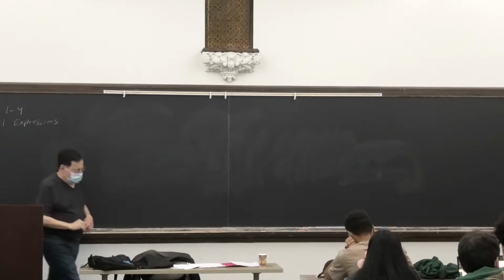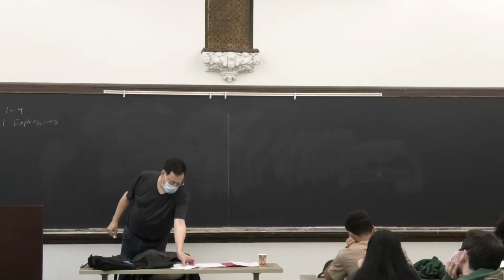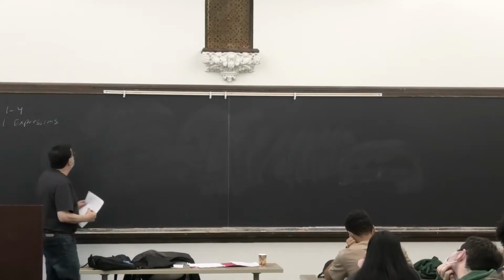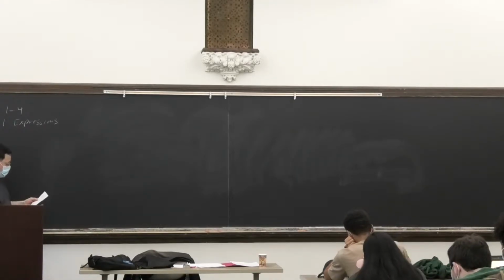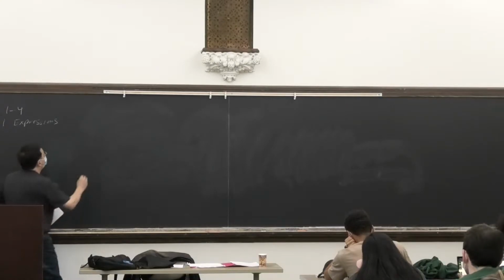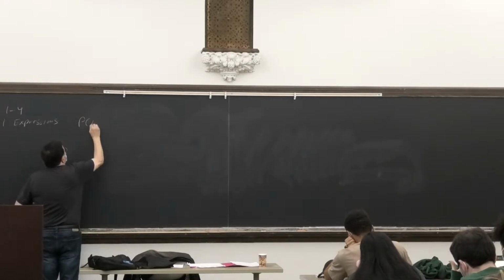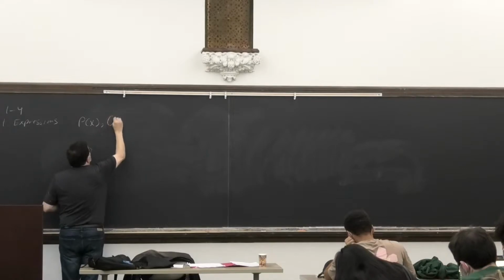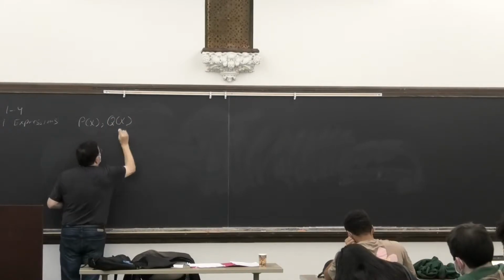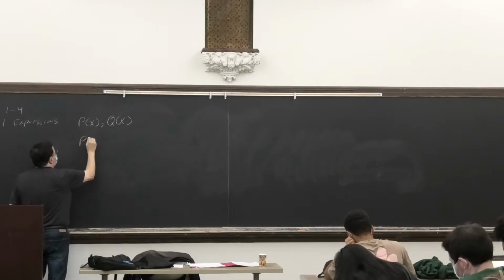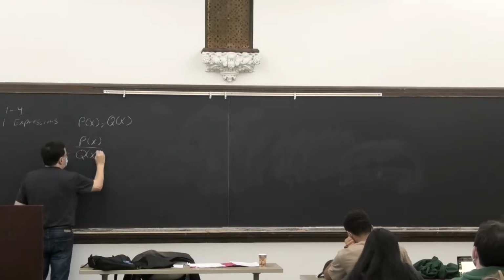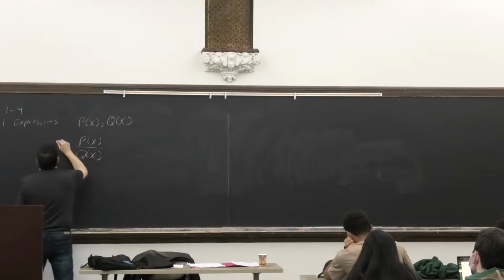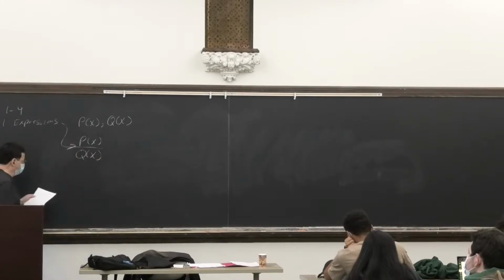So we're going to start off today talking about something called a rational expression. We have p of x and q of x polynomials, and p of x over q of x is a rational expression.